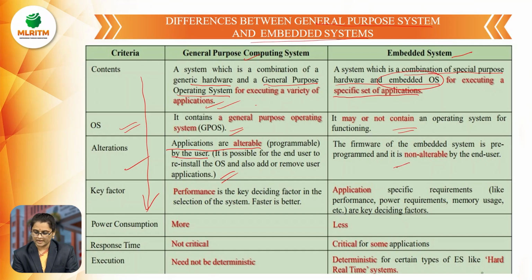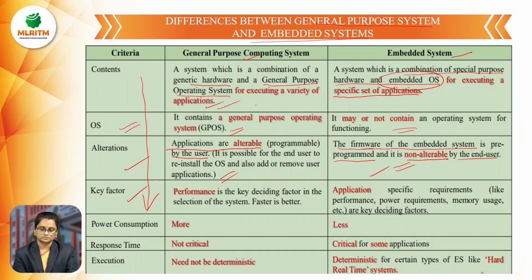But in the embedded system, the firmware, meaning the software of the embedded system, is pre-programmed and non-alterable by the end user. So the software is pre-programmed and not changeable by the end user. That is the third point.